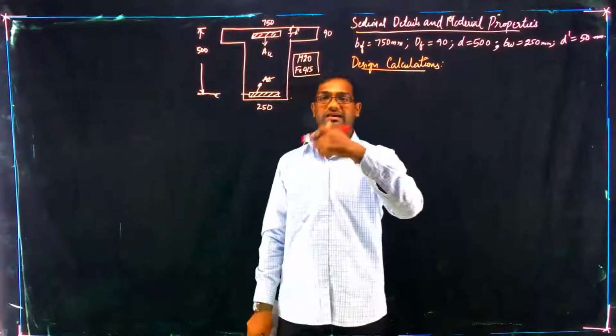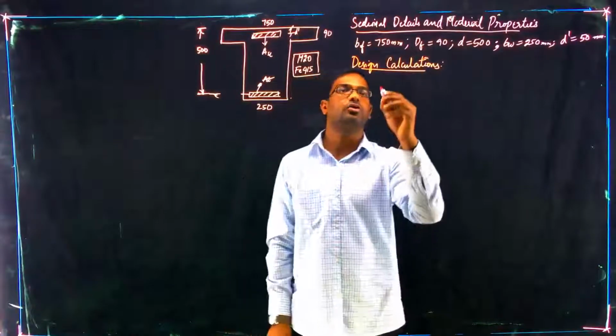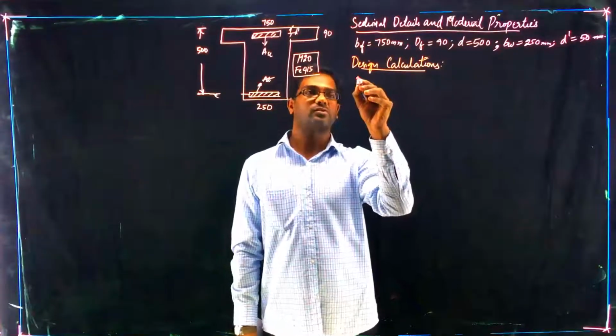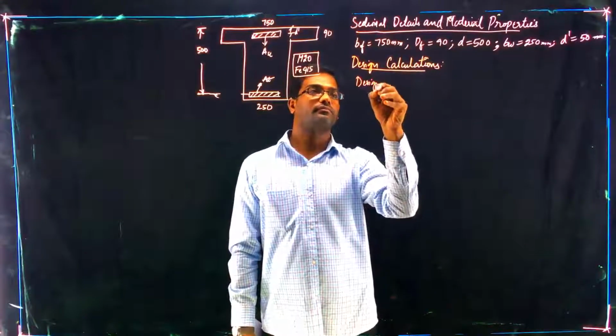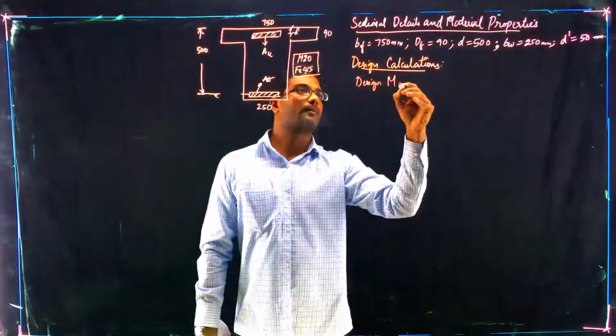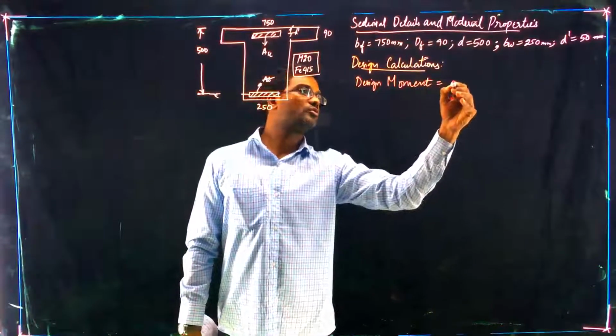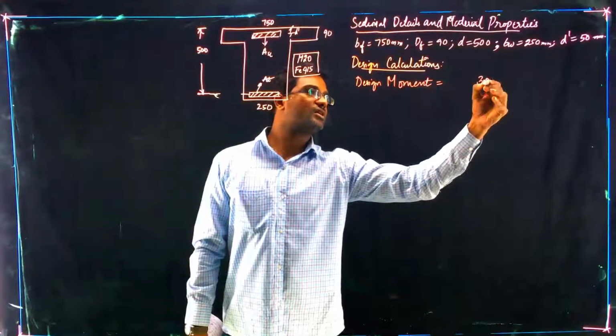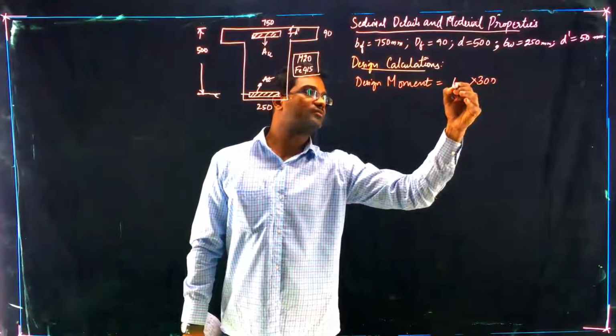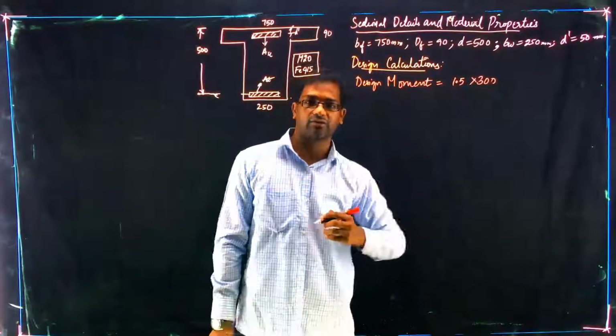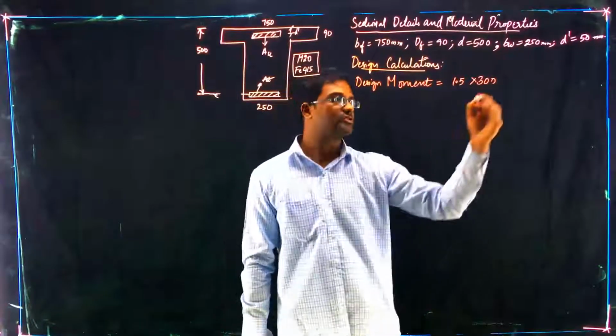Now in the design calculation, we will talk about the design moment. In the problem, the moment is given as 300. This should be multiplied by a load factor of 1.5 as per the code.